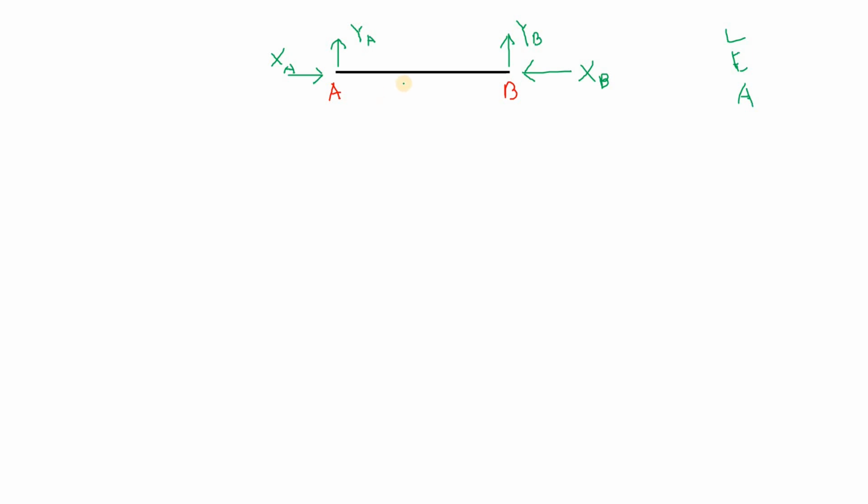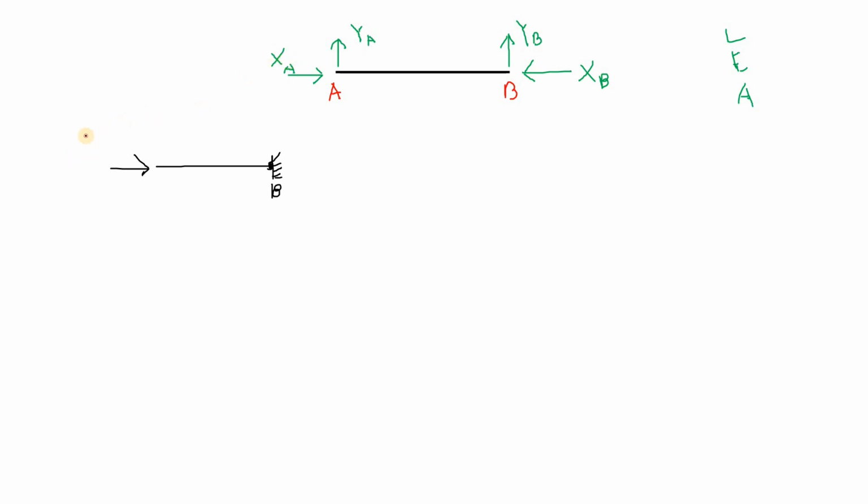Now let's draw the displacements of A and B real quick. This is the displacement at A, and this is the pin support right here at B. For the XA force, we have already learned that force is equal to stiffness times deflection, right?